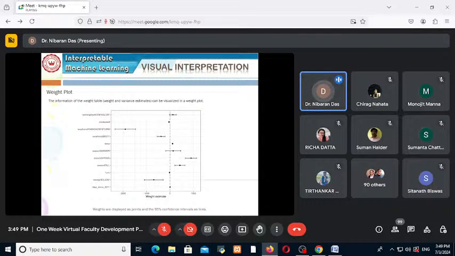From these features there are some statistics, and from those statistics it was found that these particular weights are spread over this range, down to about minus 2000 here. There are some negative values and some positive values.